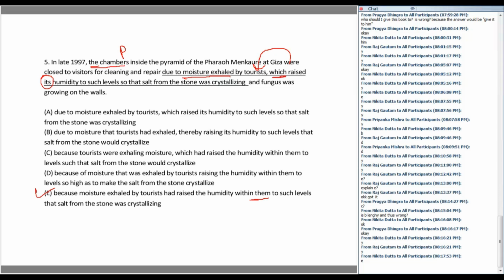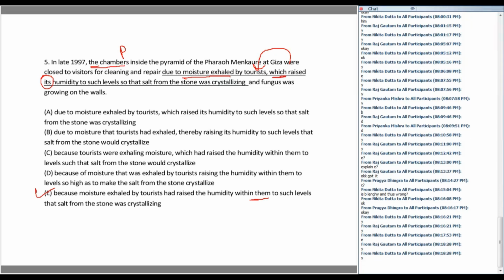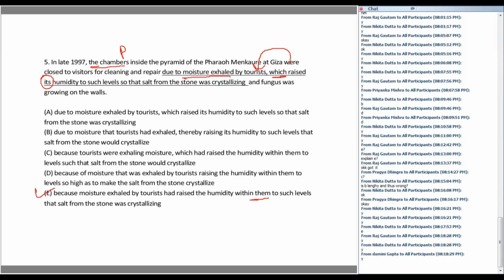E should be the answer for question number 5. Did you get this? Okay.